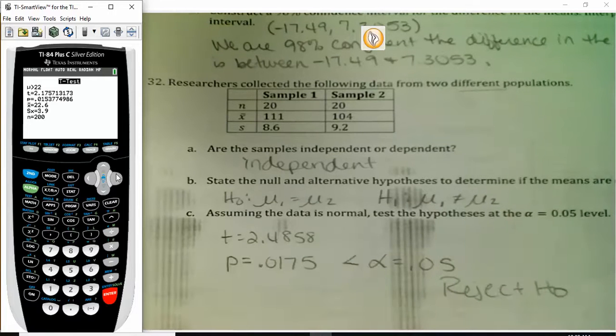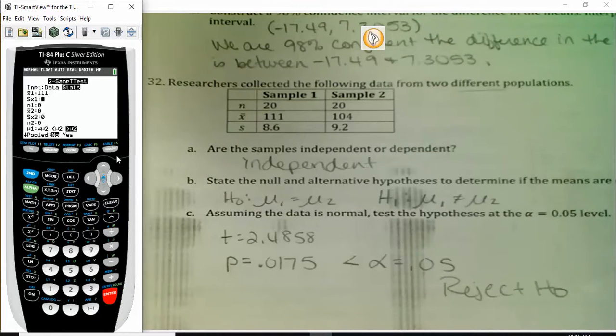So now we are going to use our calculator. If we go to test, we have 2 different samples. We're talking about the mean, so we need a 2-sample t-test, number 4. Okay, we are basing this off stats. X bar 1, the mean of the first, is 111.